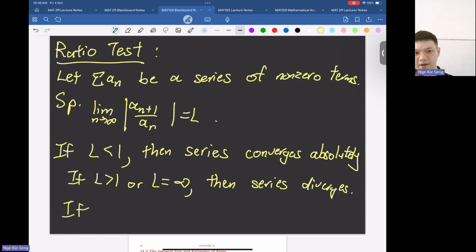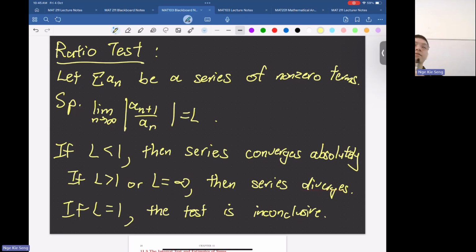But if L equals 1, the test doesn't tell you anything. You need to do something else. Maybe converge, maybe diverge. So read this statement again. Why does it make sense?